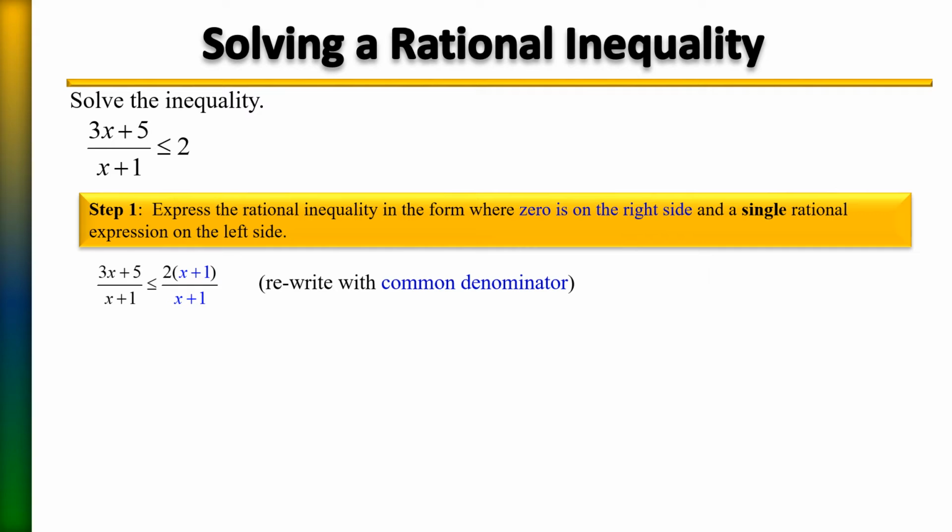Now, because I'm moving it to the other side, I'm subtracting that. So now on the right side, I have 2 rational expressions with the same denominator, and that's great because that is the only time you can combine rational expressions.